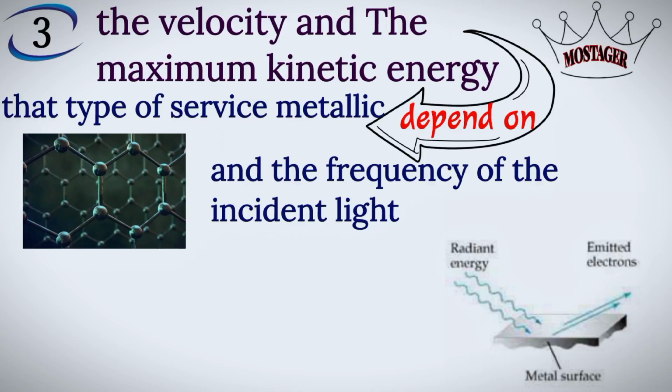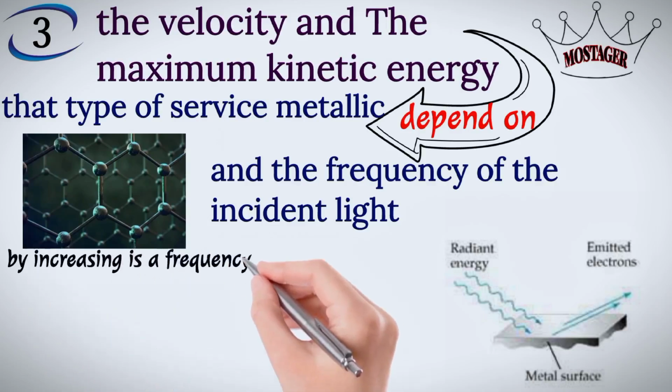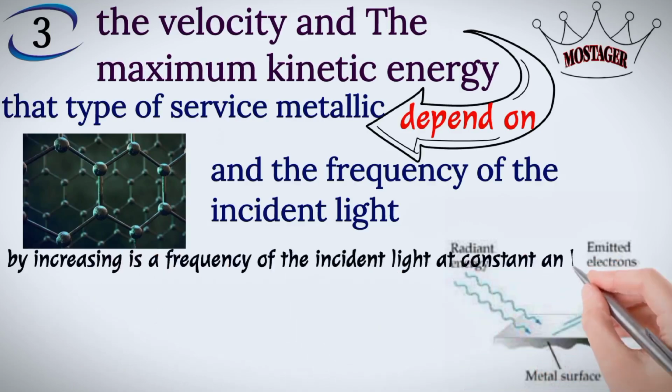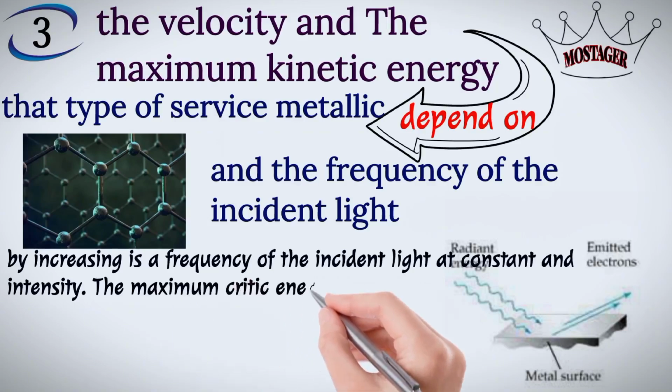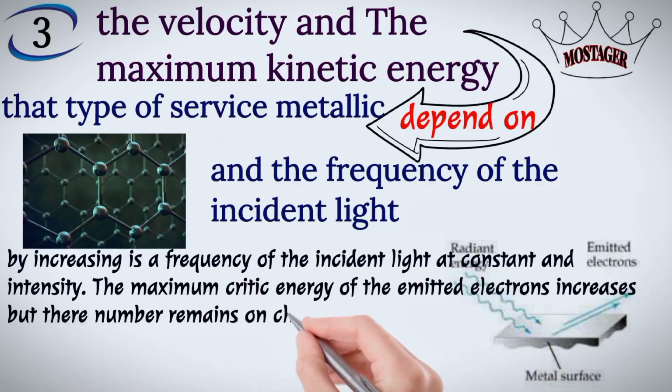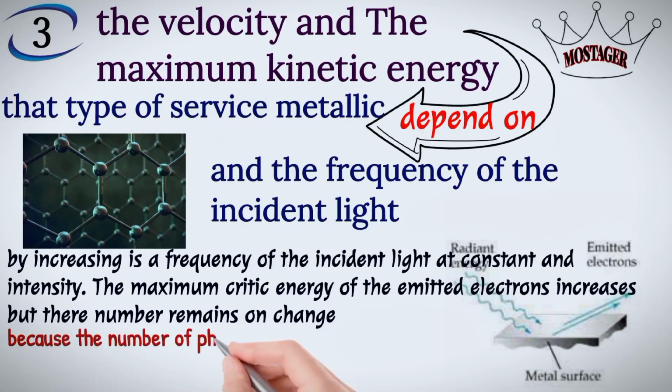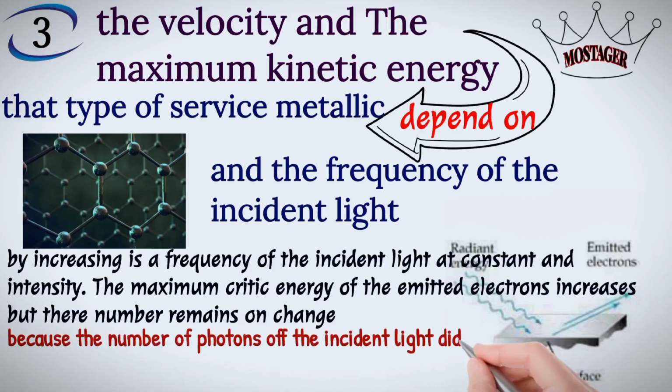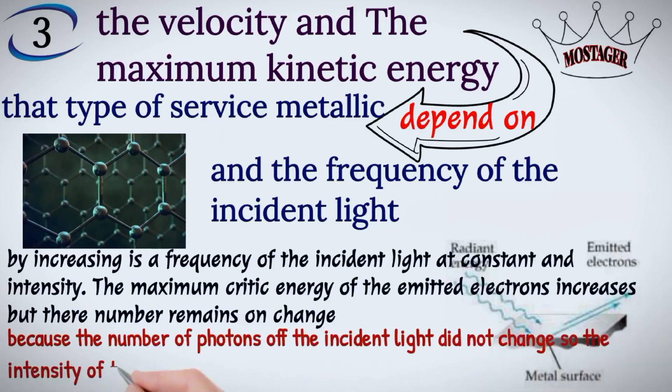By increasing the frequency of the incident light at constant intensity, the maximum kinetic energy of the emitted electrons increases, but their number remains unchanged because the number of photons of the incident light did not change, so the intensity of the photocurrent remains constant. So, the maximum kinetic energy and velocity depend on surface material and frequency, not intensity.